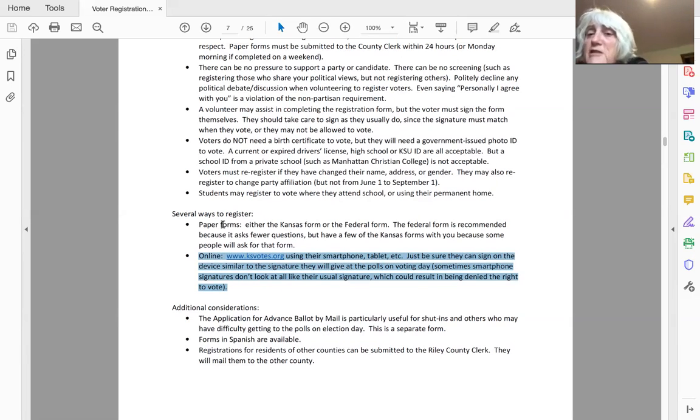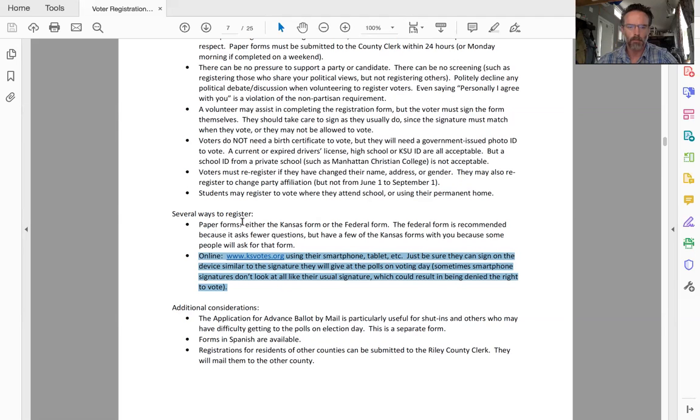It basically uses the same information they put in to register. So they can request an advance ballot by mail, and it just comes to their house, and the likelihood they will vote is much higher than if they have to drive home on election day.